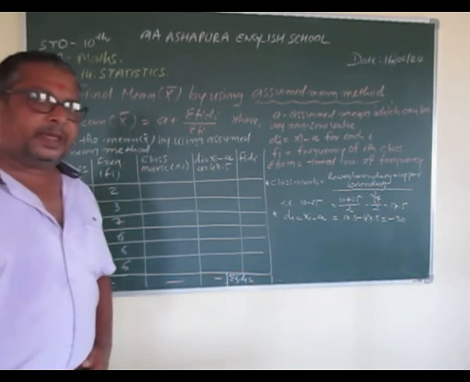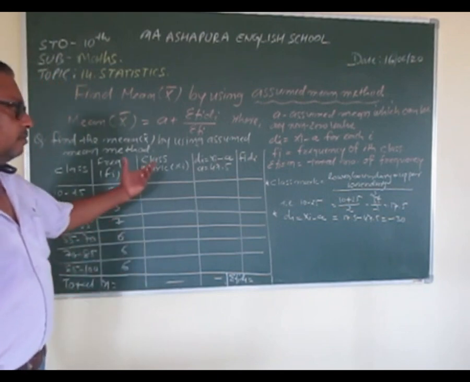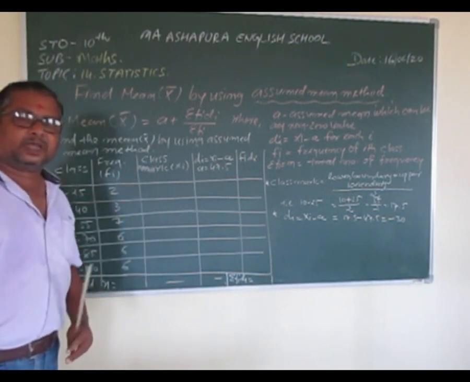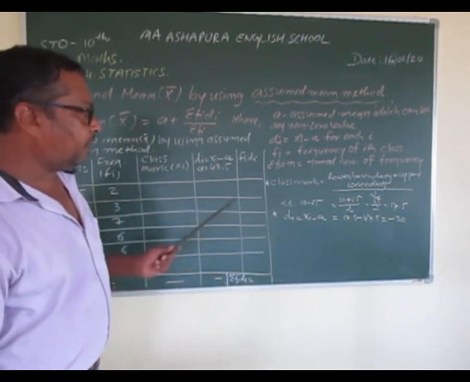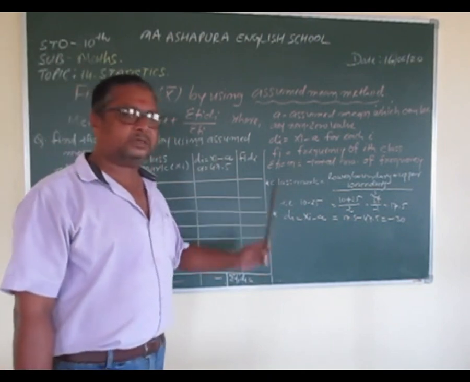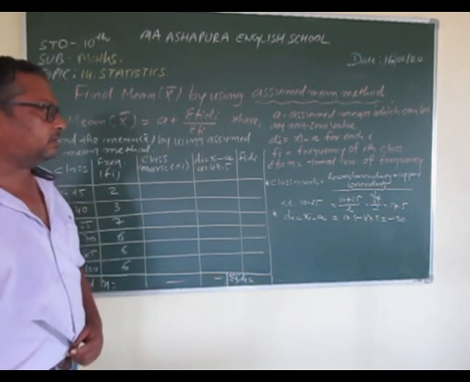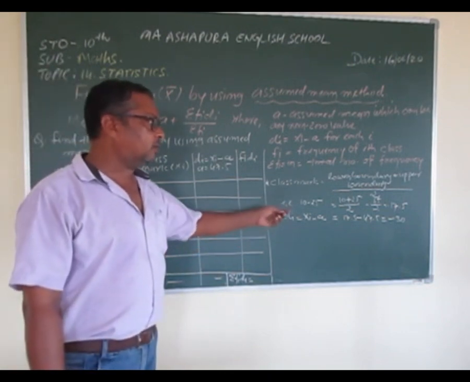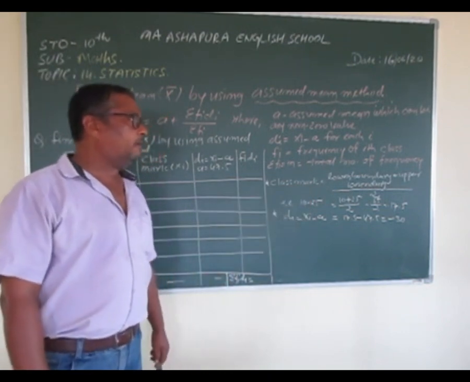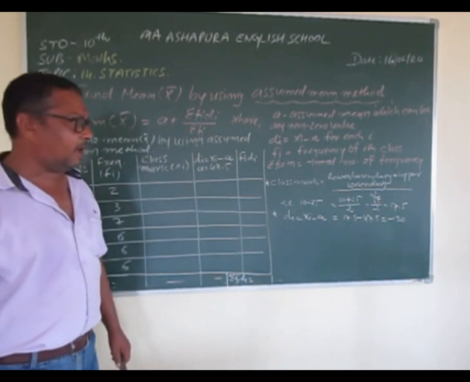Yesterday we explained how to obtain the class mark. Once again we repeat the formula. The class mark is also called the midpoint of the class interval. So class mark is equal to lower boundary plus upper boundary divided by 2.